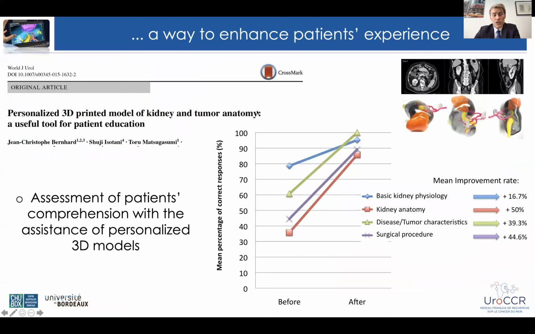So just referring to our publication published in 2016, where we assessed patients' comprehension with the assistance of personalized 3D printed models. And we concluded two messages.